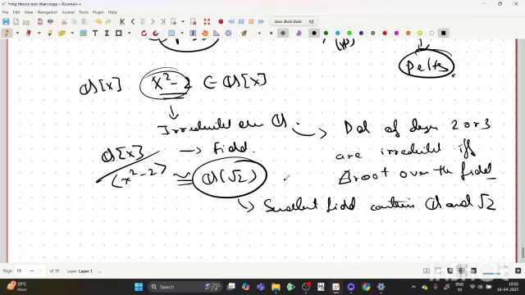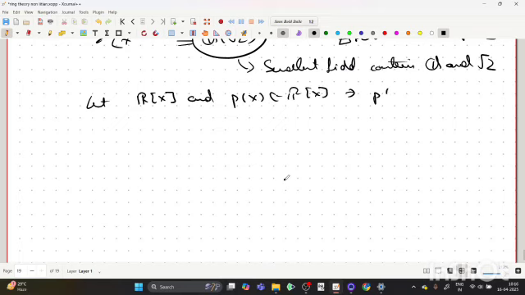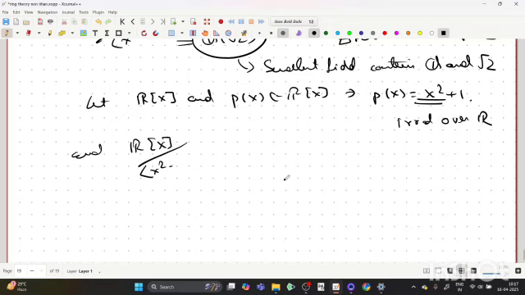Got it. Fine. In a similar way, observe that let us talk about R[x], and let us choose the polynomial p(x) in R[x] such that p(x) is x^2 + 1. Then this is irreducible over R, and therefore R[x] modulo x^2 + 1 should be a field, right?